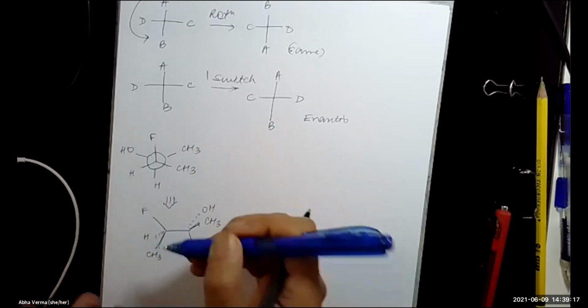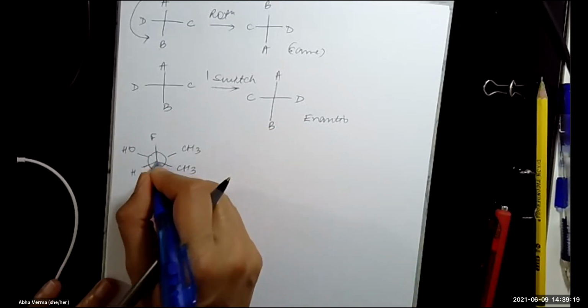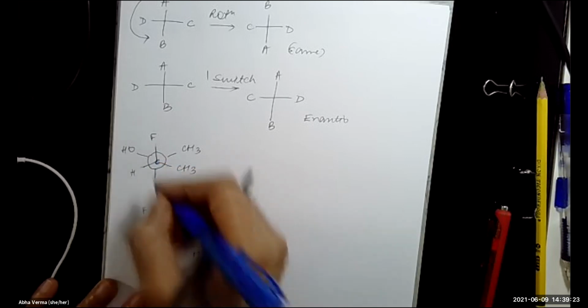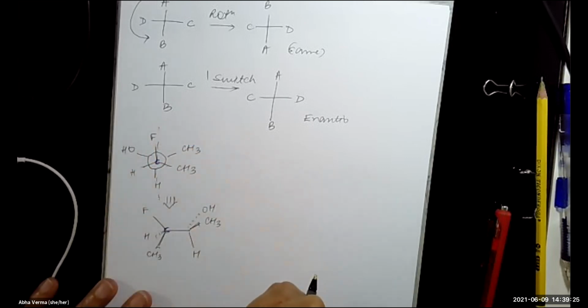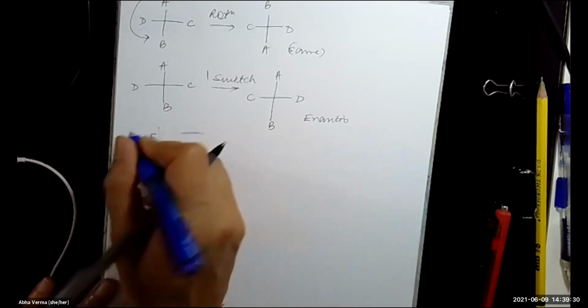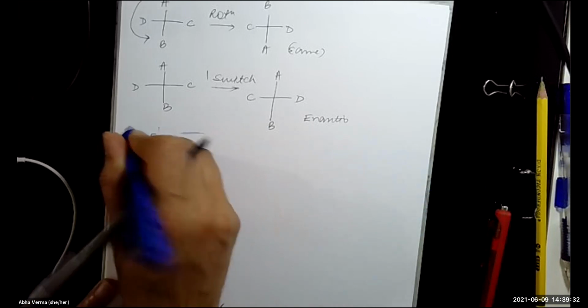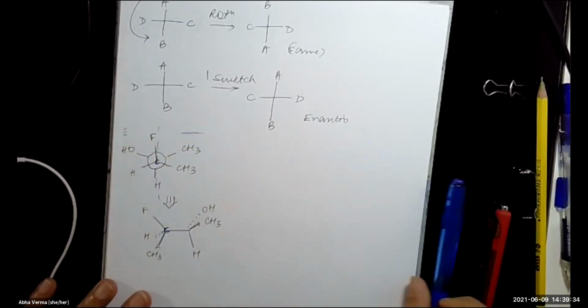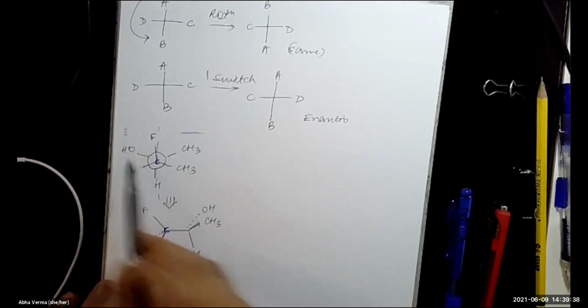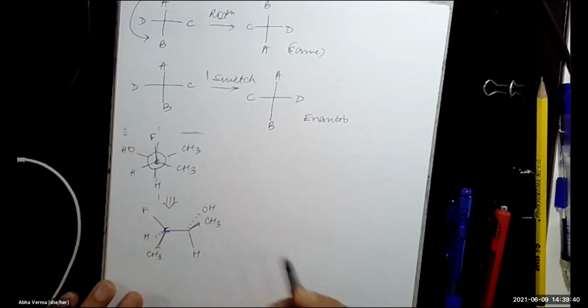So you can also do this on your own. If you're looking at the frontal carbon and you want to draw this carbon right here, you just divide them. Everything here will be coming out. Everything here will be going at the back. Just remember the direction. This is going up and back, up and back.